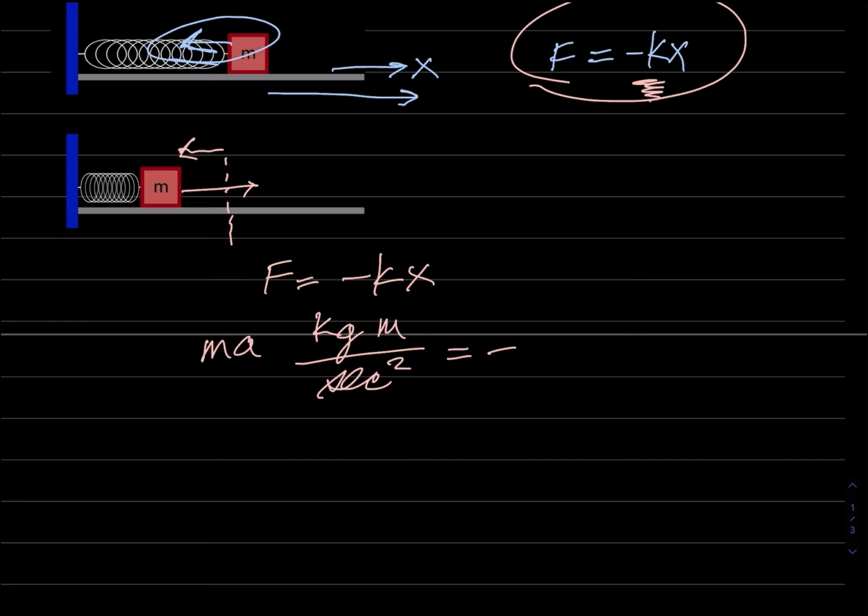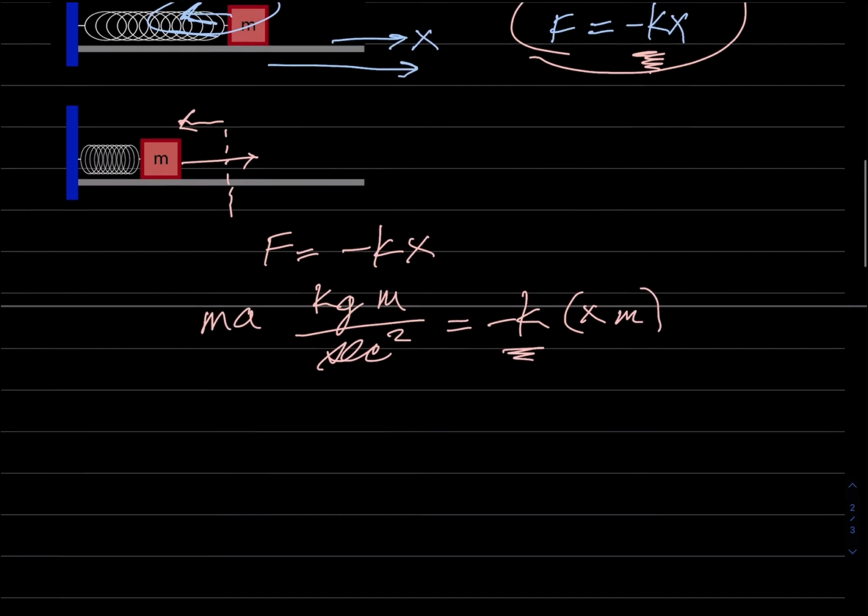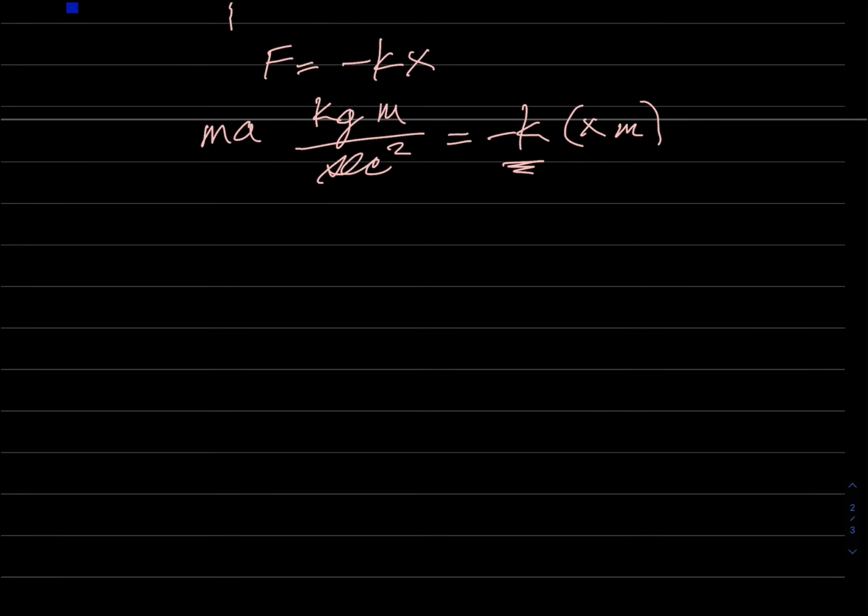And that equals negative k times x, but x is just in meters. So the spring constant has to have some units of its own. And let's do it like this. We say negative kx equals F. Negative k equals F over x, and k equals negative F over x.